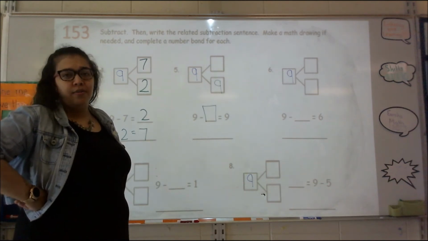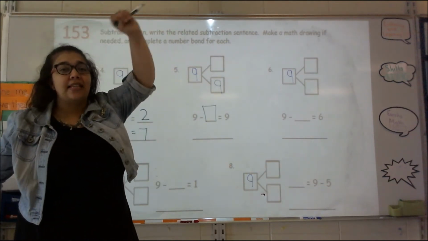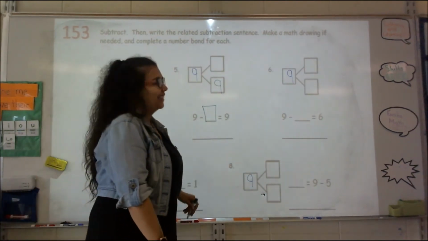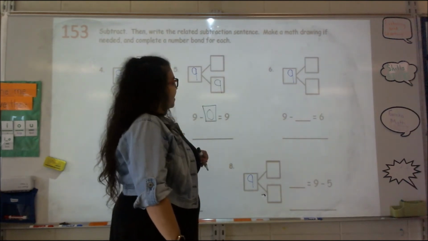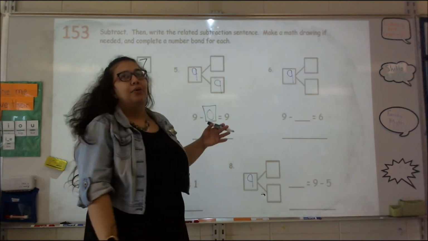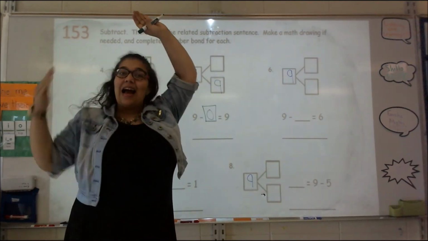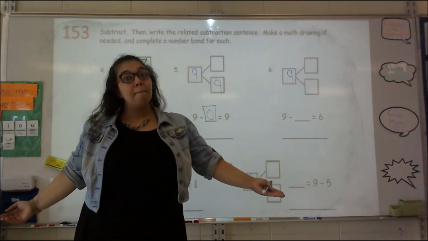We did not share. We were greedy with our candy. I had 9 pieces of candy. I ate 9 pieces of candy. Oh well, I don't have any for you. So 9 minus 0 is equal to 9. Okay, let's think of this in a good way. I had 9 pieces of candy. I did not eat any of them. I still have 9.